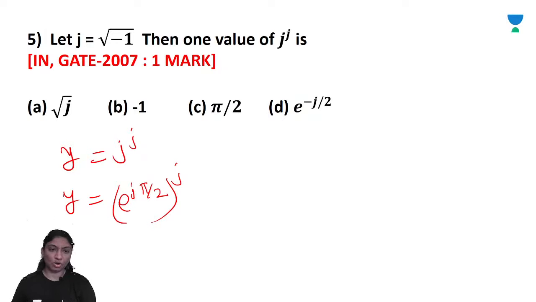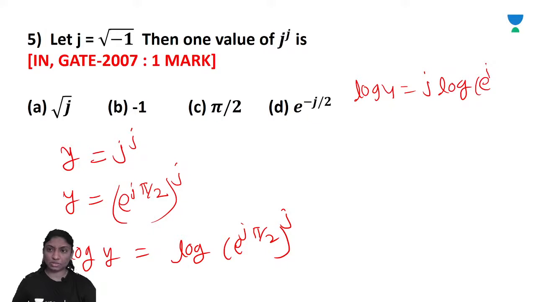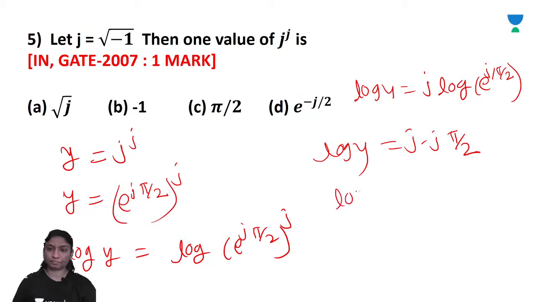So taking log on both sides, log of y is equal to log of e raised to j pi by 2 raised to z. So you will get log y is equal to z times j pi by 2, which is equal to j into j pi by 2, since z is j. So log y is equal to j square pi by 2, and j square is minus 1, so minus pi by 2.